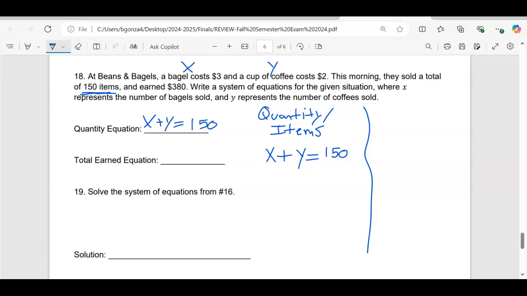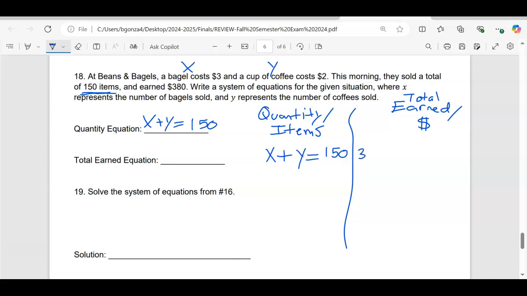Cool. Now we have to have the total earned equation. I just call it money, however you want to talk about it. But now we're going to add values onto the x and y. A bagel costs $3, so it's 3x, plus a cup of coffee costs $2, so 2y. And that equals our total money. Total earned is 380.